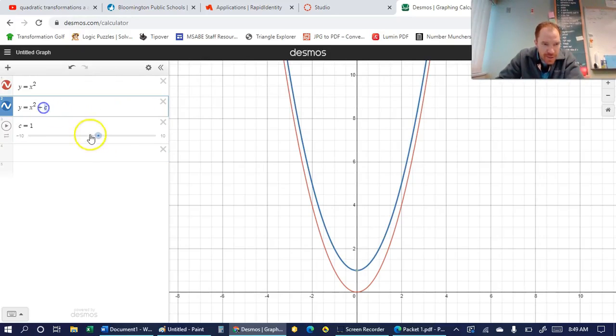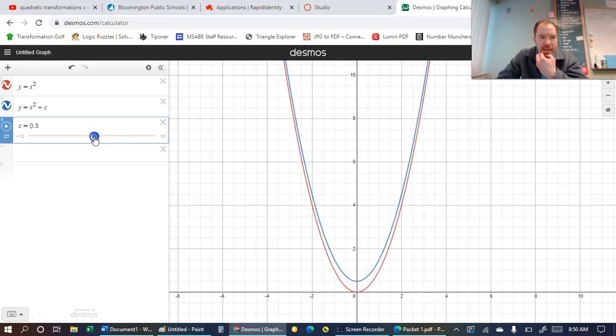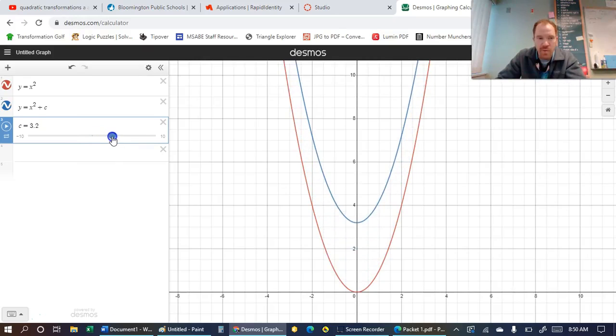Right now it's at 1. Let me set it to 0, so it matches y equals x squared. This is y equals x squared plus c. C is 0, so now this is y equals x squared plus 0, which is y equals x squared. But as I increase c, you're going to find that the parabola is moving up.